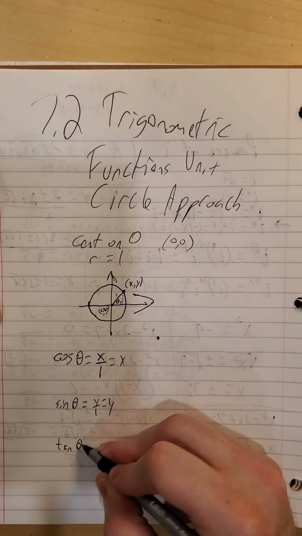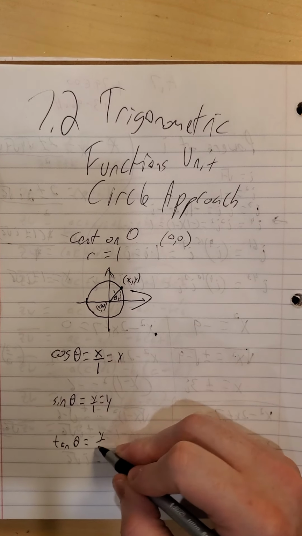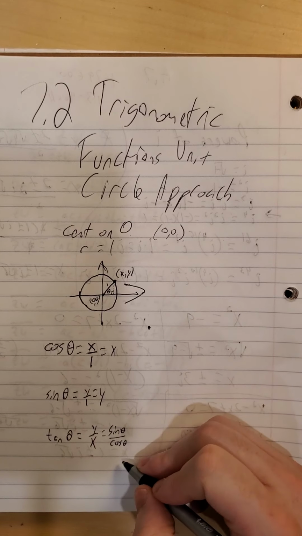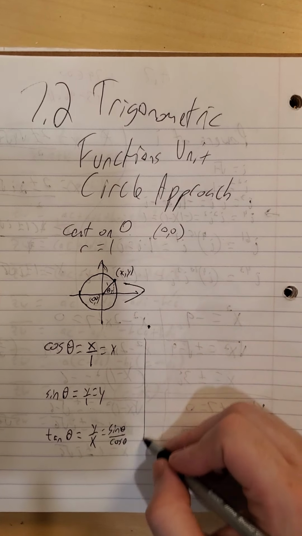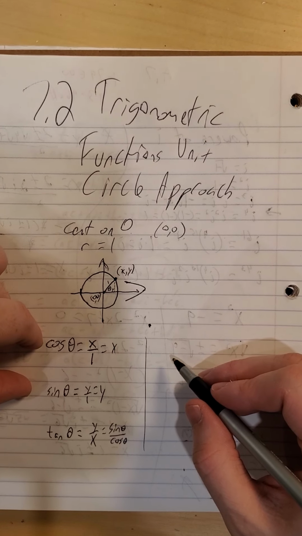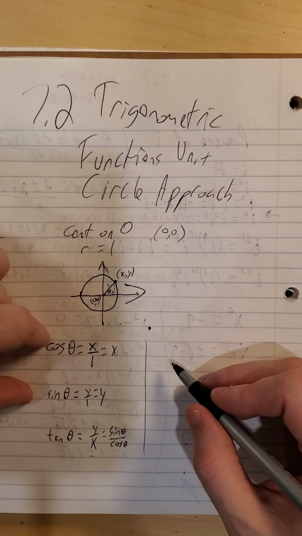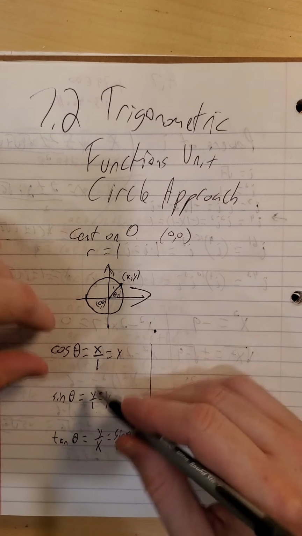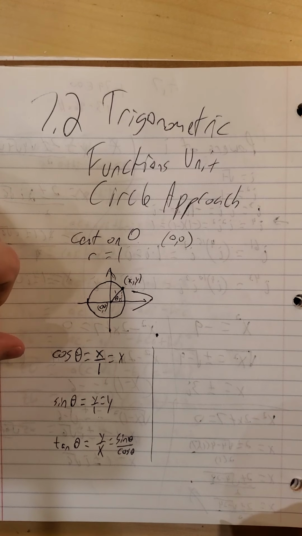And tangent theta is defined to be y over x, which is also sine theta divided by cosine theta. So really, sine and cosine are the meat of anything we're doing with trig. All 4 of the other ones are built out of doing things with sines and cosines.